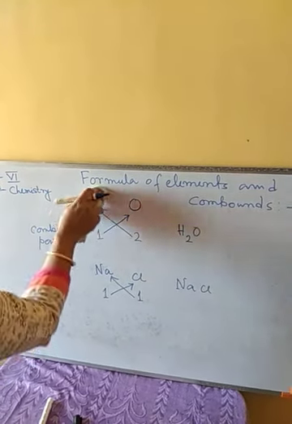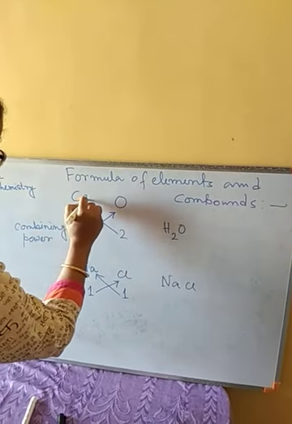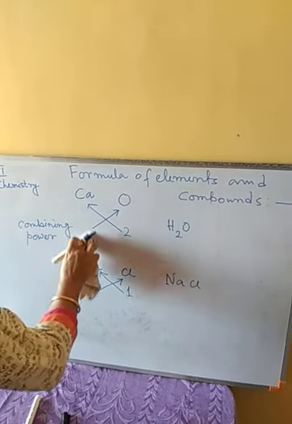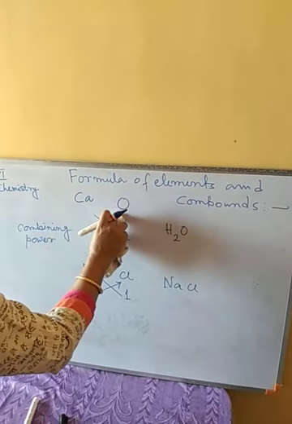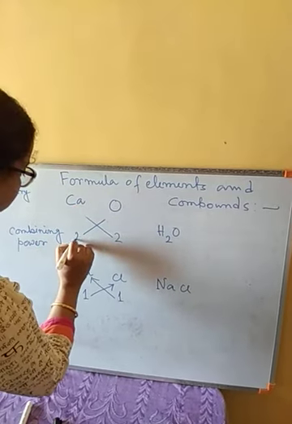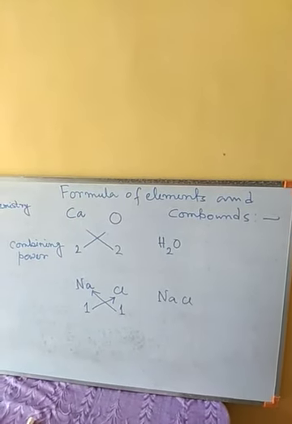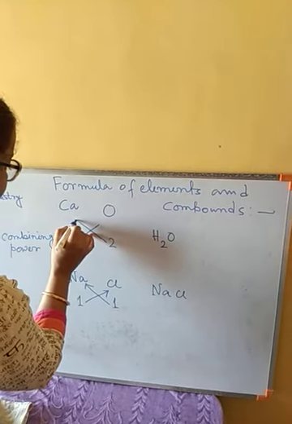Now let us take some other example. Instead of hydrogen, if we take calcium here, calcium's combining power is 2. So we will write it down for calcium, and oxygen's combining power is 2, that also we know. Now we have to cross it.